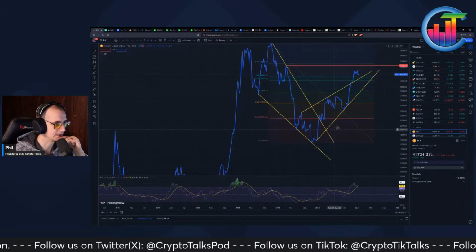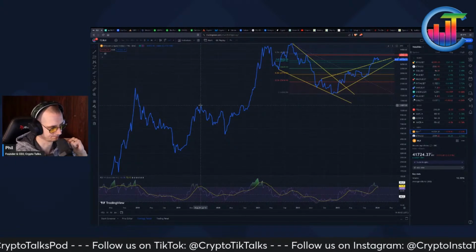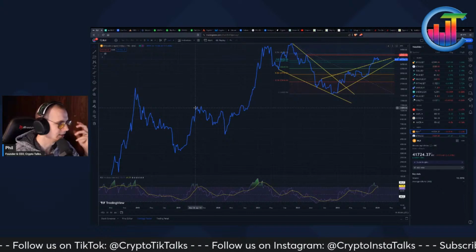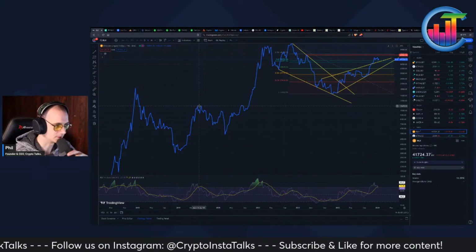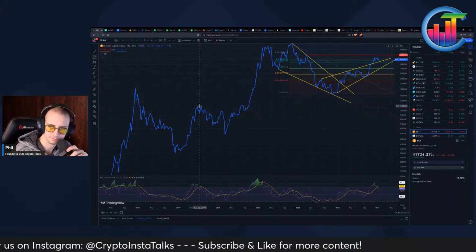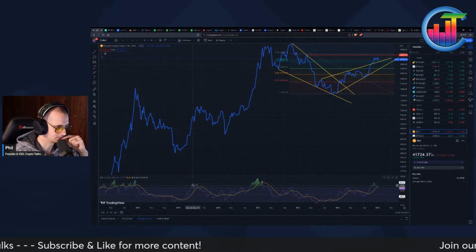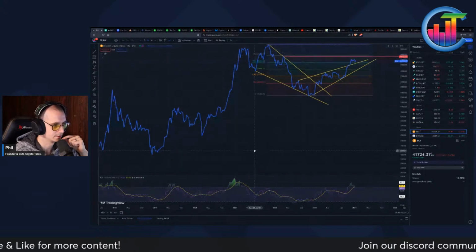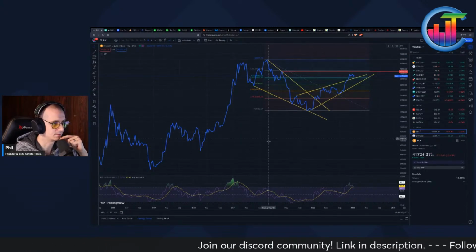The last time we had a similar event was back during this bear market pump, or I don't really want to call it a bear market pump. I'd rather call it a pre-bull pump, right? And we had the RSI topped out here as well for a while. And then we had a big cool down right here, and then we came back up and started pumping hard.